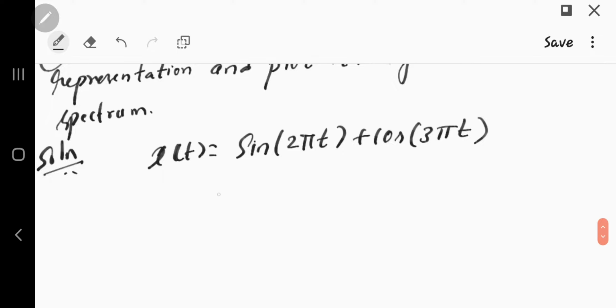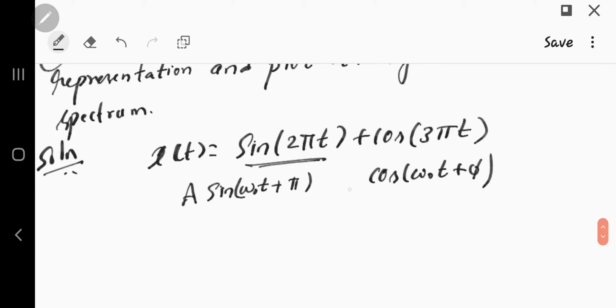Now for this, if you compare this with sine of omega naught t plus pi, this is the representation of a sinusoidal signal, and this with cos of omega naught t plus pi. I'm just writing here.